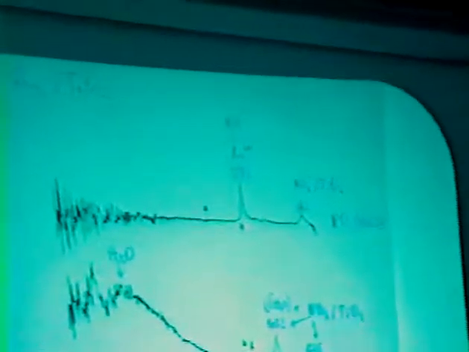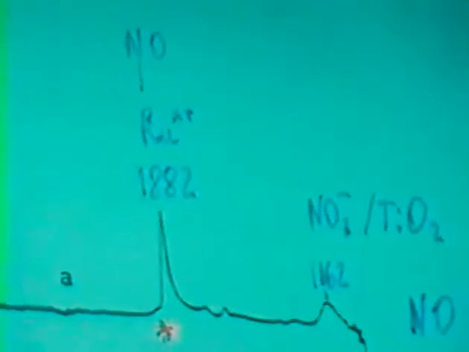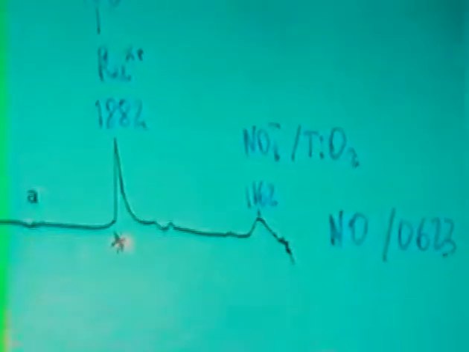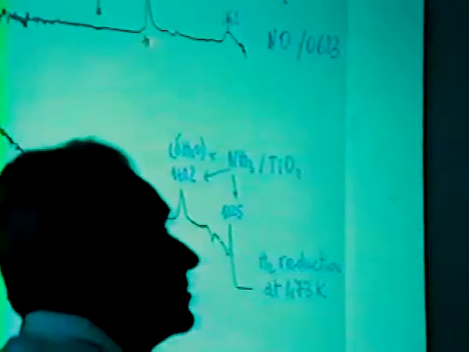Then, on the oxidized species, I heat in hydrogen the oxidized ruthenium species, and there is the formation of ammonia, which can be assigned to ammonia absorbed on the titanium phase, which is stabilized.